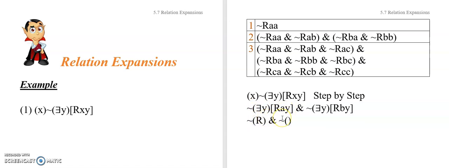Well, that's going to mean either RAA or RAB, right? And then, of course, if you De Morgan that through, you're going to get not RAA and not RAB. The same thing here, you're going to get RBA or RBB, okay?